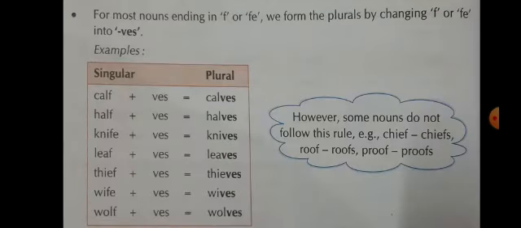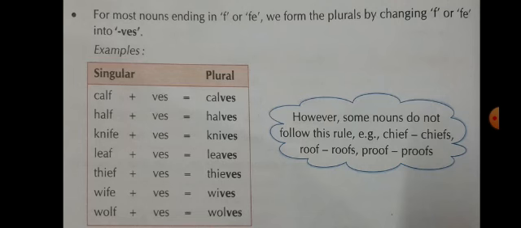For most nouns ending in F or FE, we form the plurals by changing F or FE into VES. If there is F or FE in the last, what will we do? We will remove F or FE and add VES.